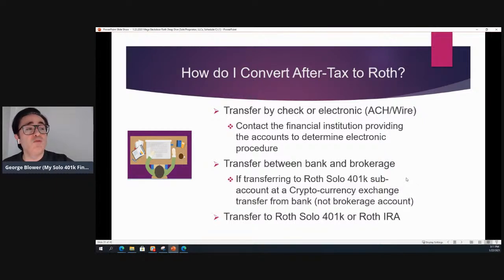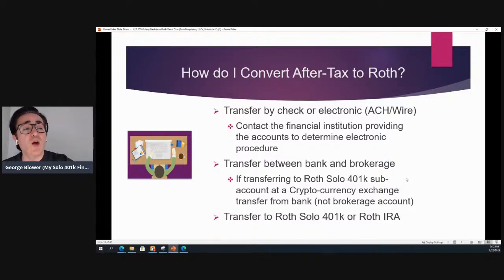You could even move money between a bank and a brokerage. So let's say that you have 3 brokerage accounts at Fidelity, a pre-tax, a Roth, an after-tax, and you want to invest some of the money in cryptocurrency. Those cryptocurrency accounts need to be funded from bank accounts, not brokerage accounts.